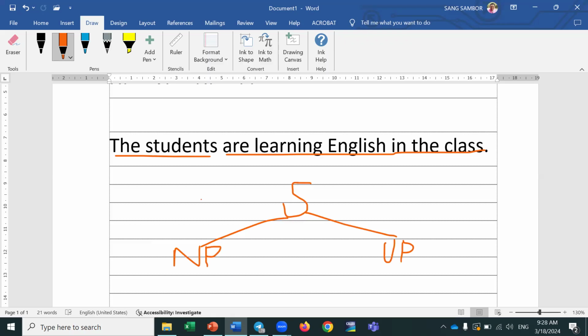Okay, so you may draw it like this. And then here, if you look at this one, the whole thing is noun phrase. The whole thing is called verb phrase.